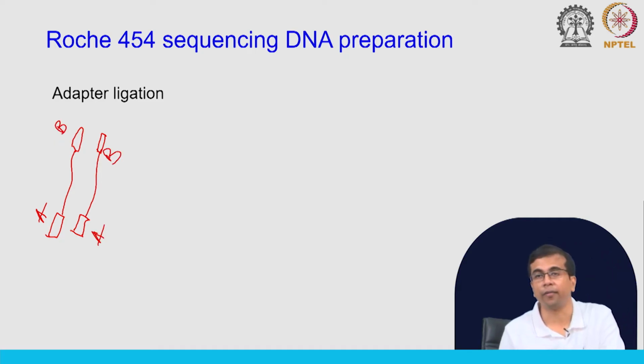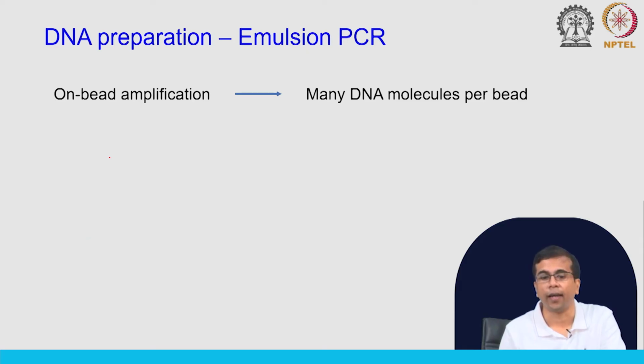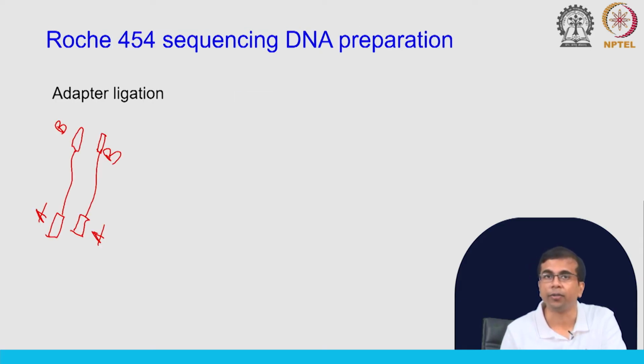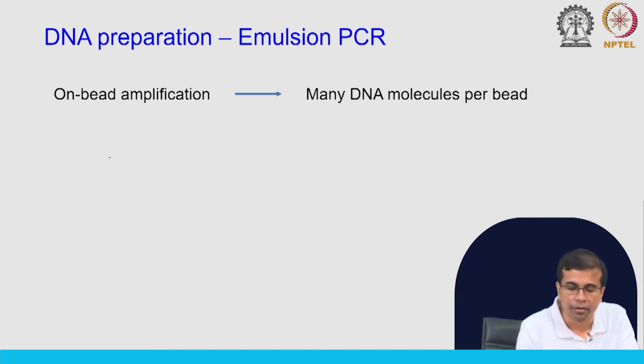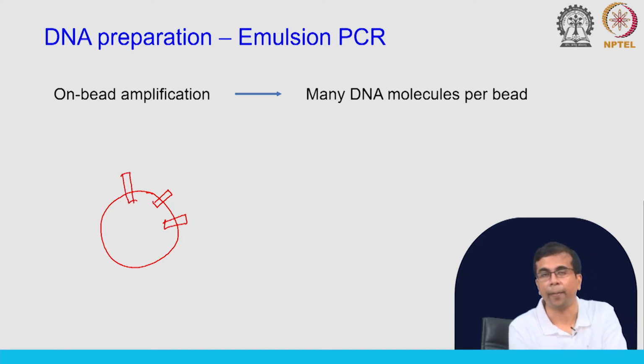So, for DNA we have these adapters ligated, and once we have these adapters, what we do in 454 sequencing is something called on bead amplification. Okay. So, these are small beads on which we already have some DNA sequences, okay, like probes, okay, and these are complementary to these adapter sequences.